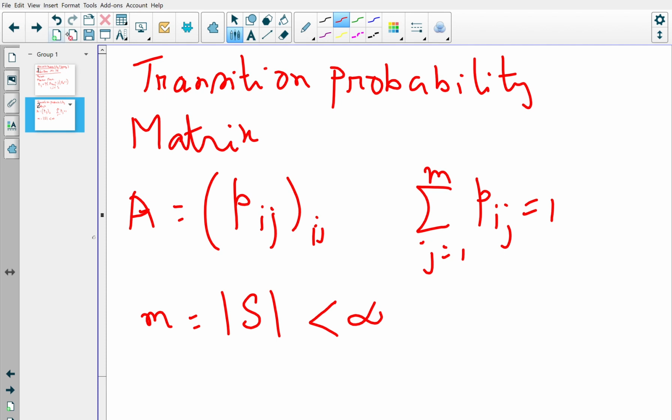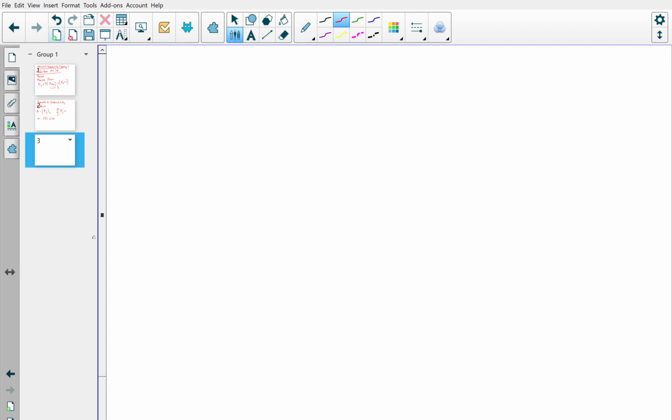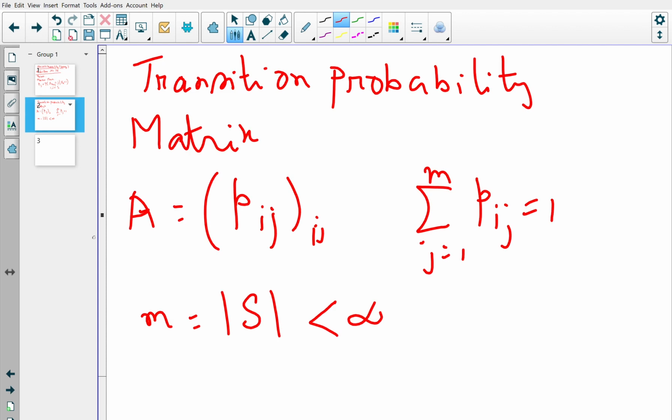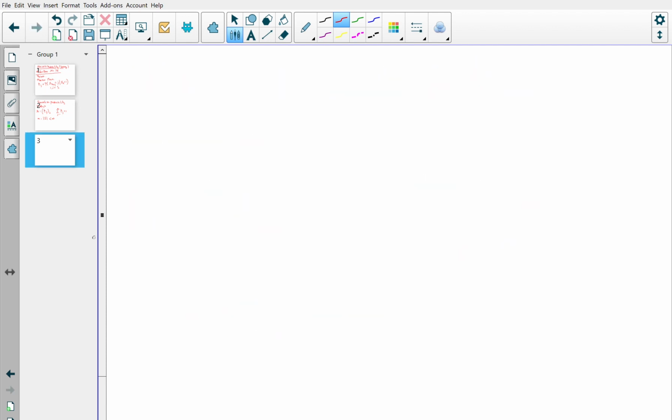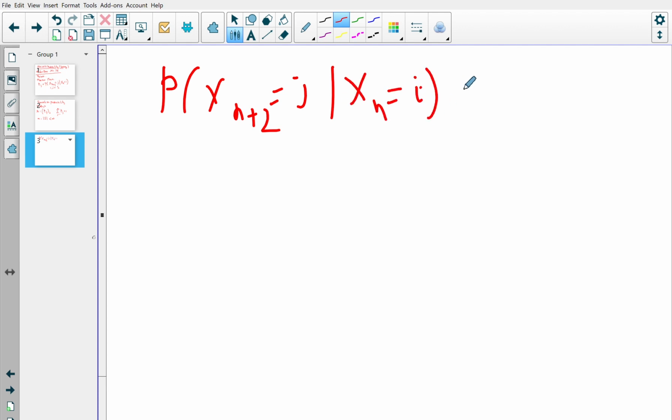The natural question one can ask is: given the transition probability matrix A and these Pij, can you compute a probability like the probability that X_{n+2} equals j given that X_n equals i?